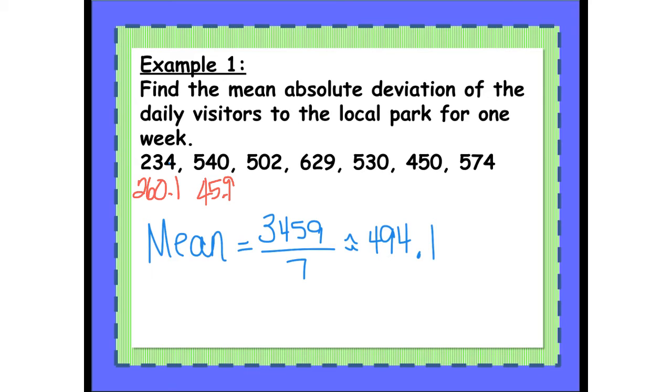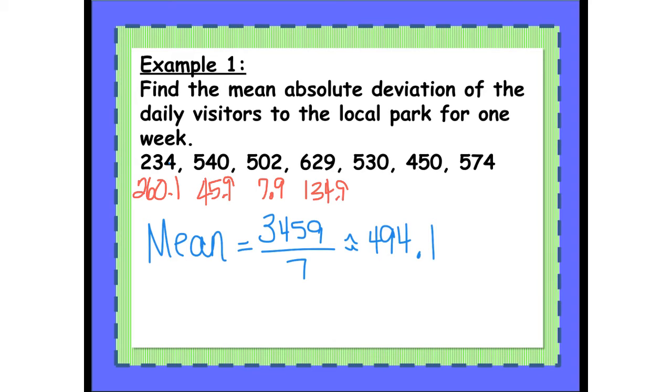So I take 502 minus 494 and 1/10, and I get 7 and 9/10. The next one is 629 minus 494 and 1/10, and I get 134 and 9/10. My next one is 530.